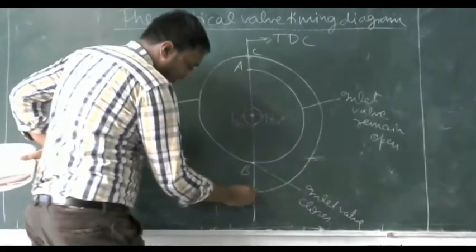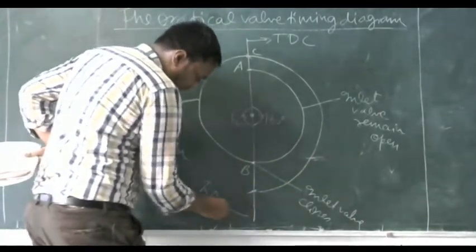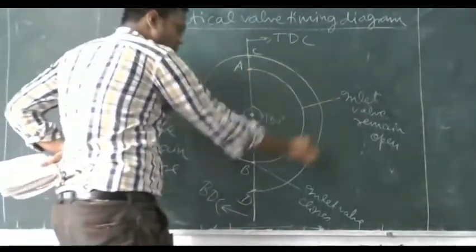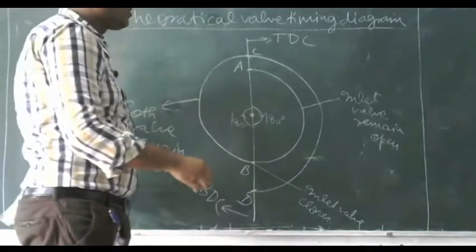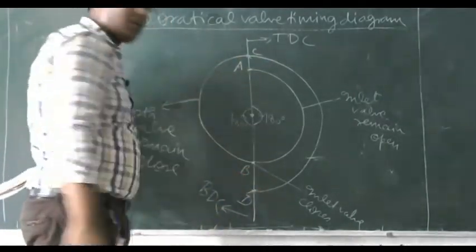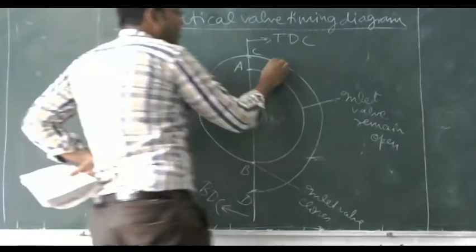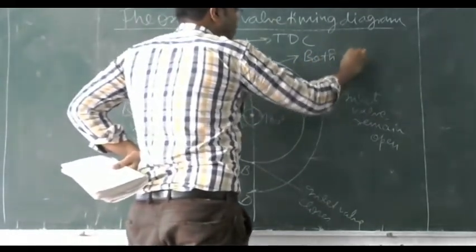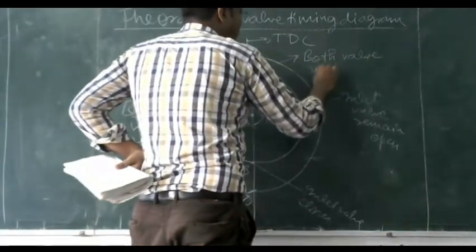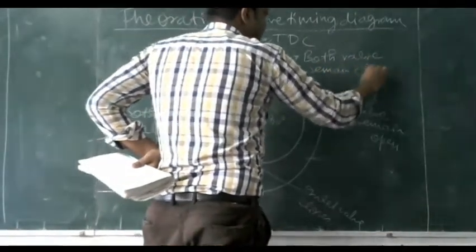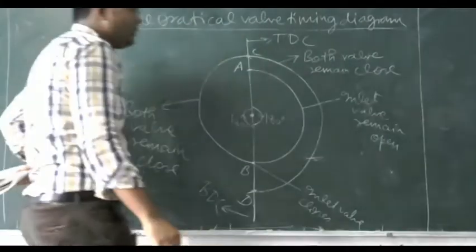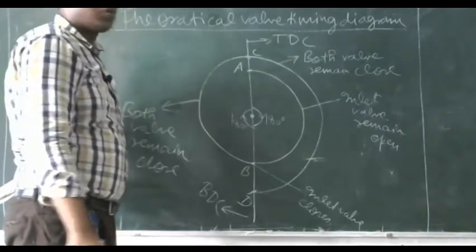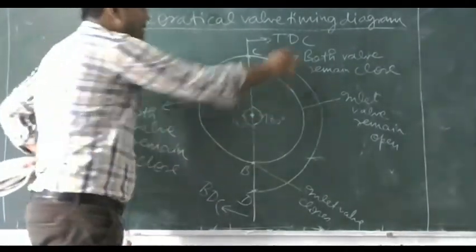Let us assume this is point D. From C to D, during the expansion stroke, both valves, inlet valve and outlet valve, remain closed.